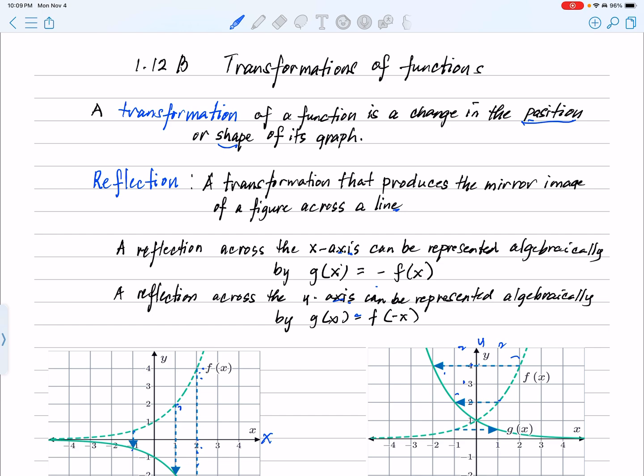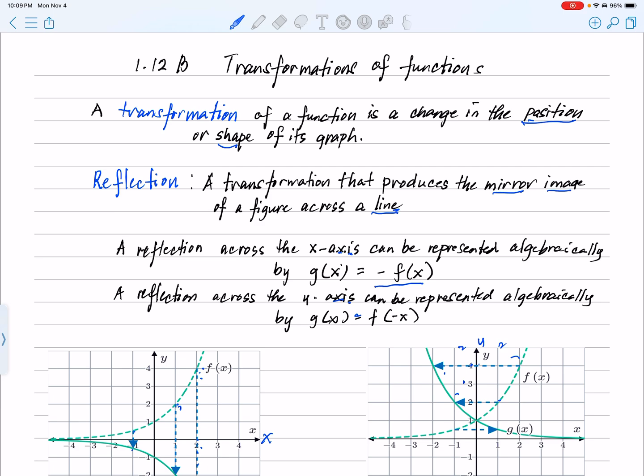A reflection is a transformation that produces the mirror image of a figure across a line. And the line we are talking about is the x-axis and the y-axis. So a reflection across the x-axis can be represented algebraically by g of x equals negative f of x.